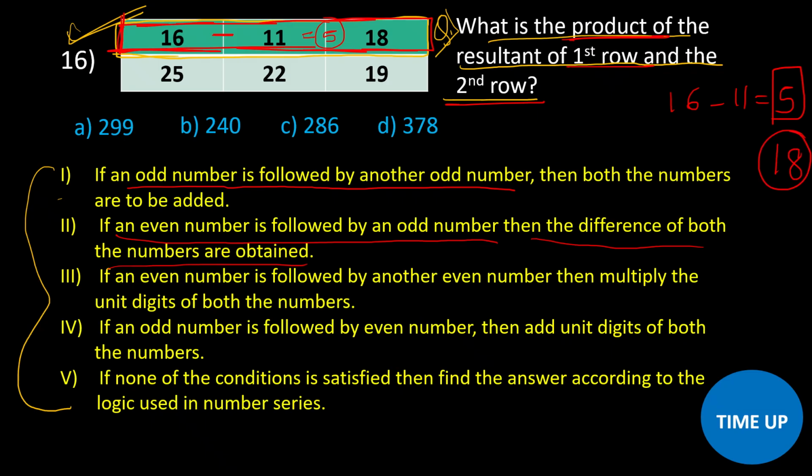5 and 18. 5 is an odd number. Is an odd number followed by another odd number? No, 18 is not an odd number.